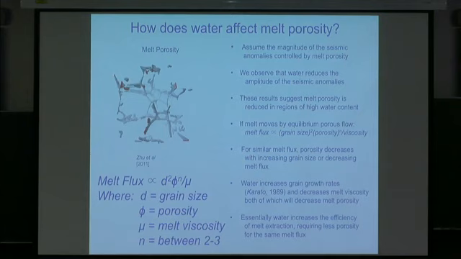We could imagine that water would reduce the melt viscosity extensively, and there are also some studies that suggest that water increases the grain growth rate. So we could imagine that we could change this equation quite substantially by introducing water.